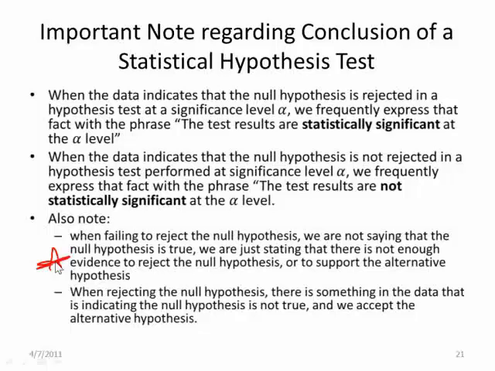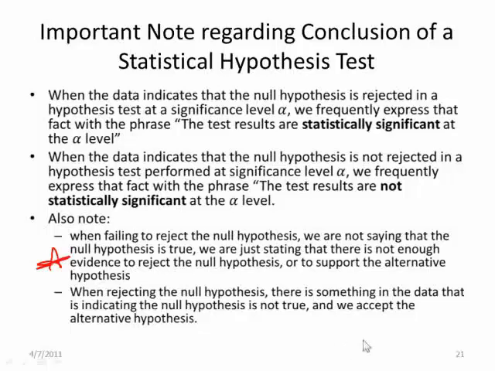The data will tell you everything, and it'll tell you whether you should reject or fail to reject. And again, we're not accepting and we're not saying it's true when you fail to reject the null hypothesis. Now, when there is enough evidence in the data to state that the null hypothesis is not true, then we can say that we will go ahead and accept the alternative hypothesis.